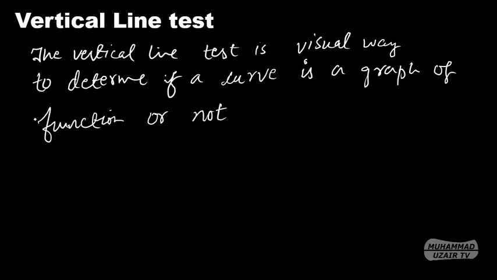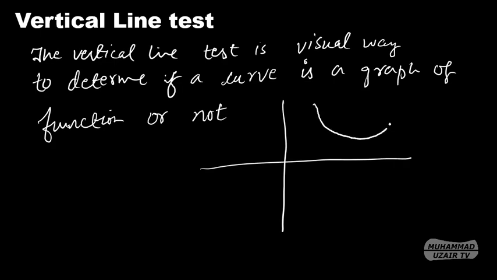For example, let's suppose we have this arc. Now to check visually whether this is a function or not, we need to draw vertical lines on this graph, and check whether a vertical line touches the graph only at one point.